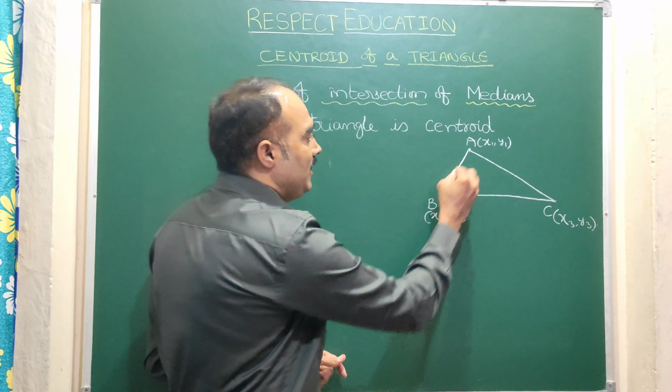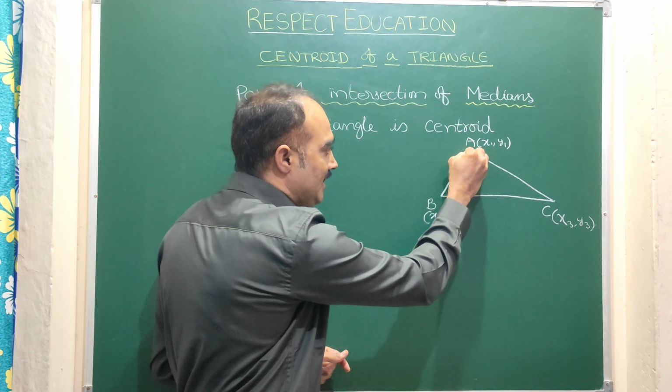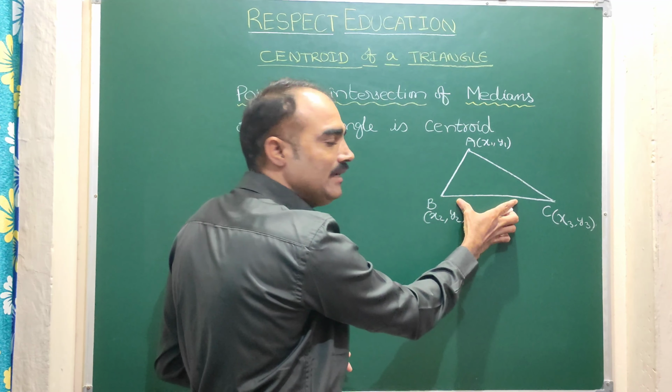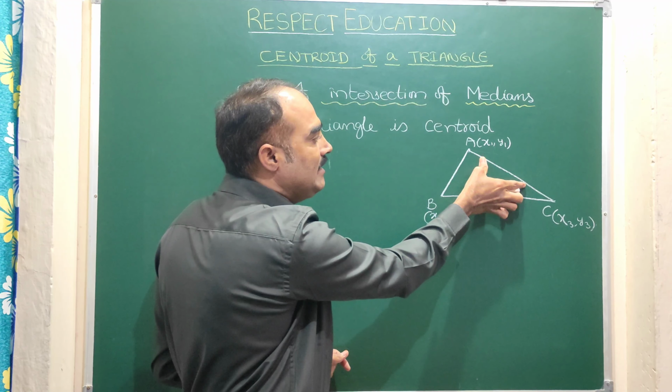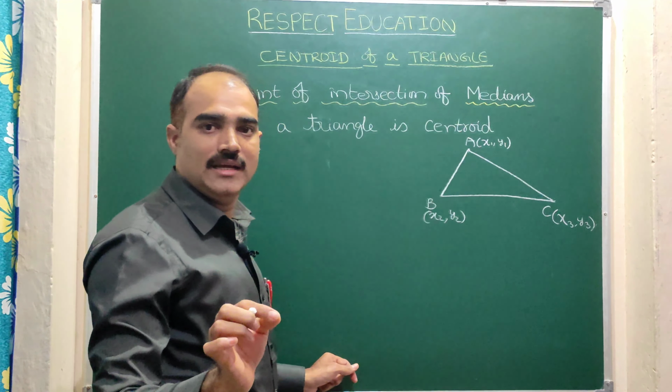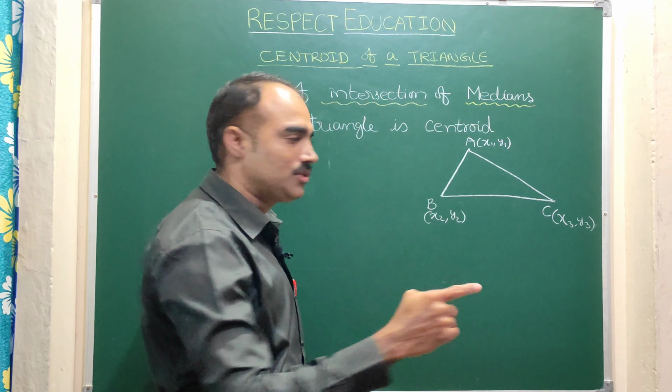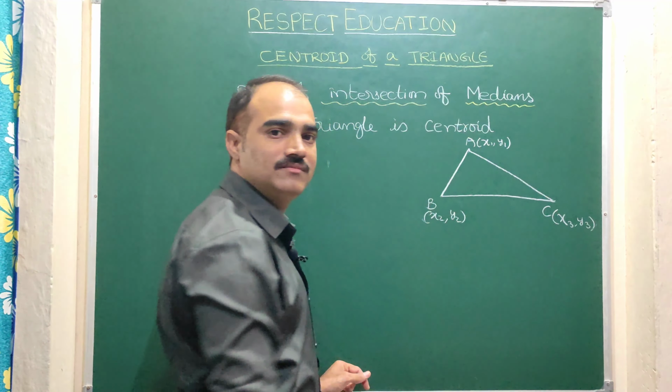Now here if you see the sides, AB is one of the sides, BC is the second one and CA is the third one. So clearly a triangle has three vertices and also three sides.